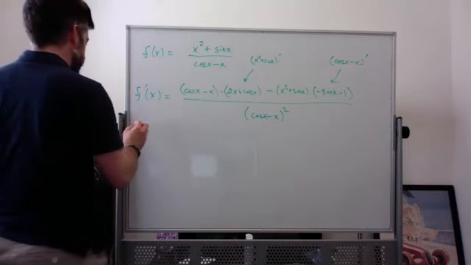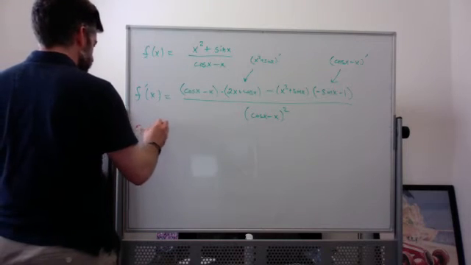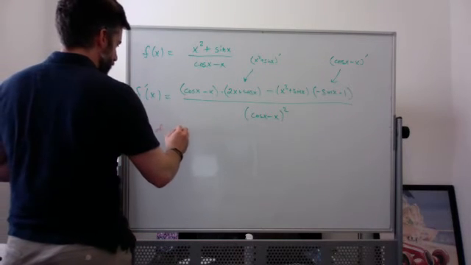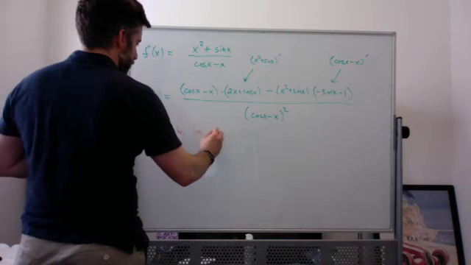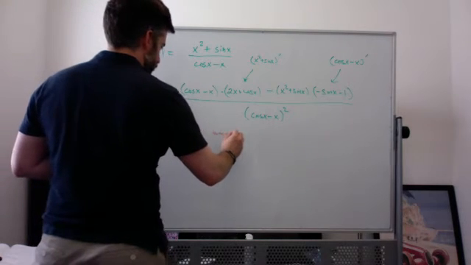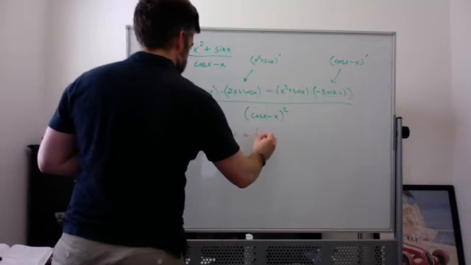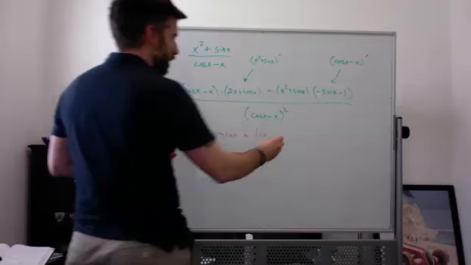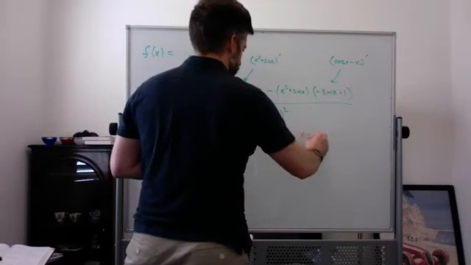Now, here's the question I really wanted to ask. I want to find the equation of the line tangent to this function at x equal to 0.